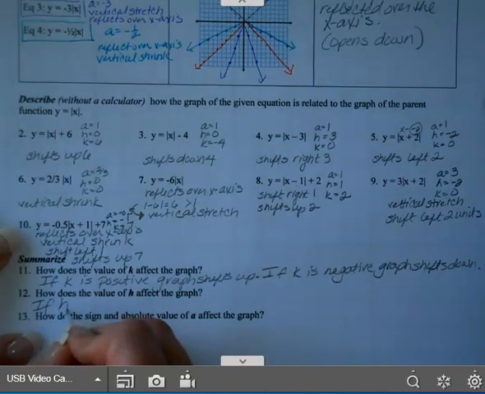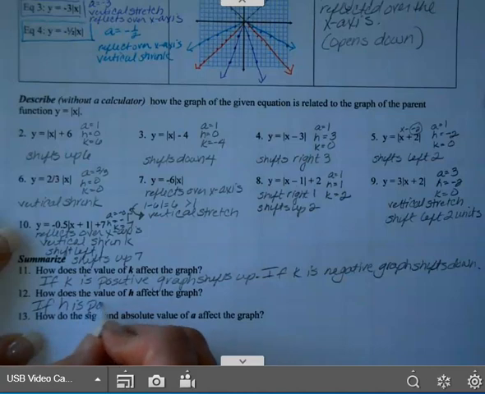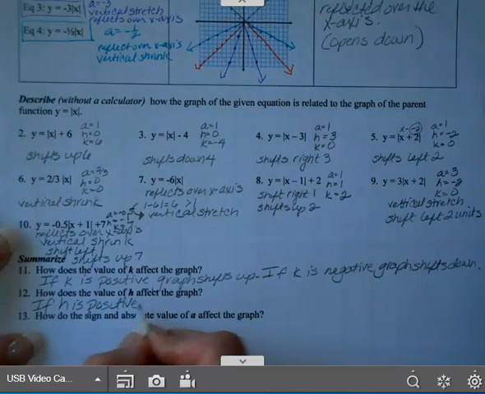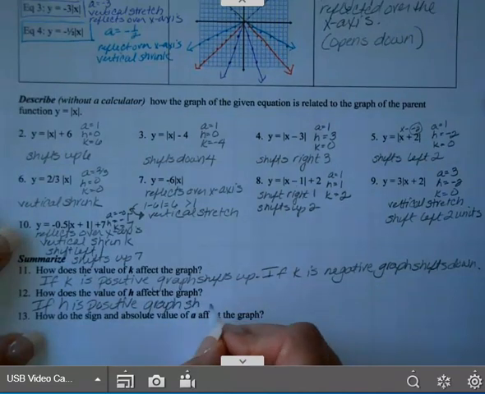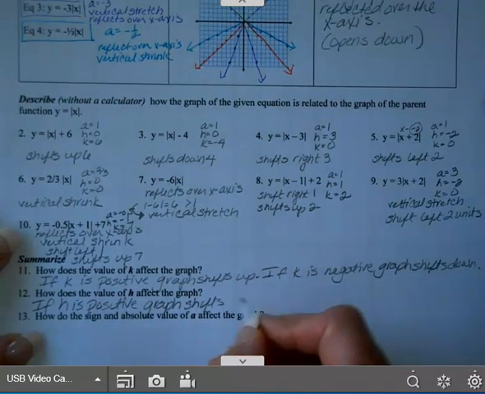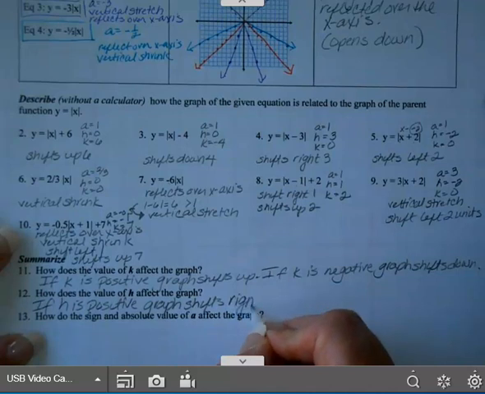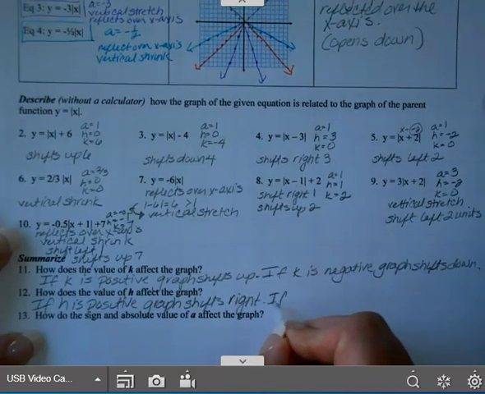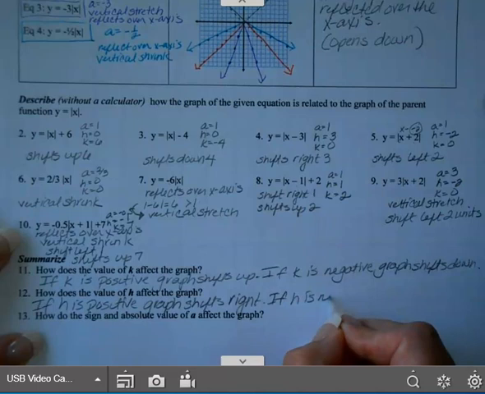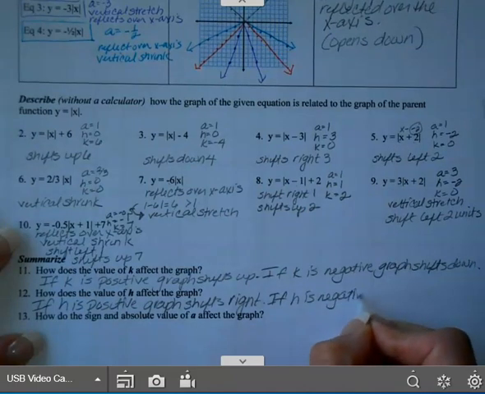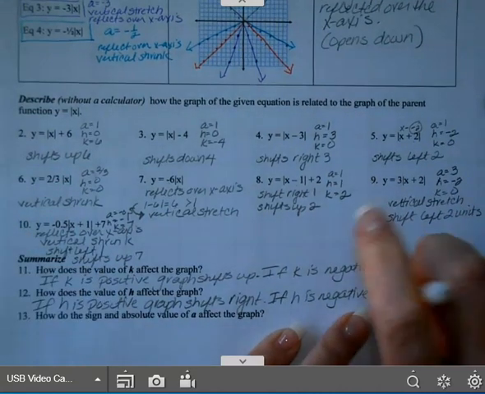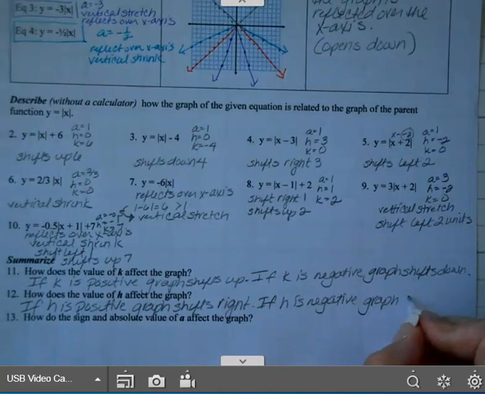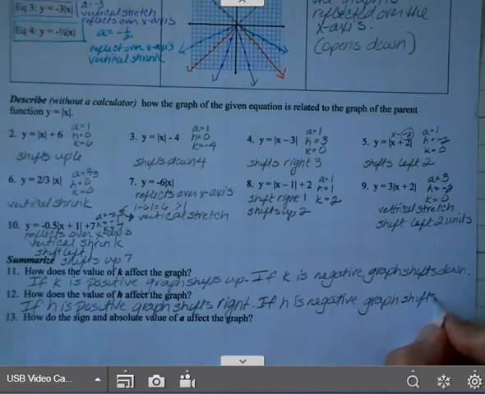If H is positive, graph shifts right. If H is negative, graph shifts left.